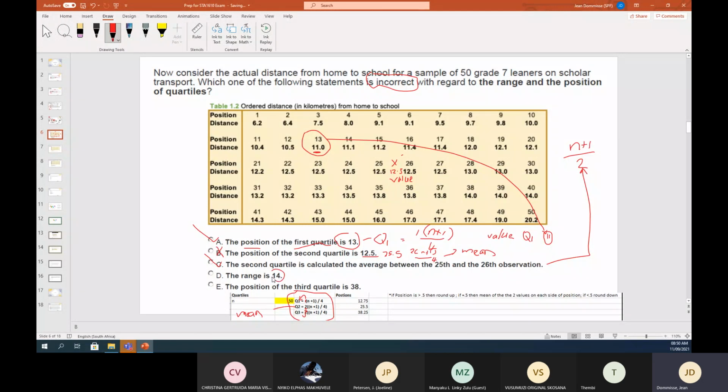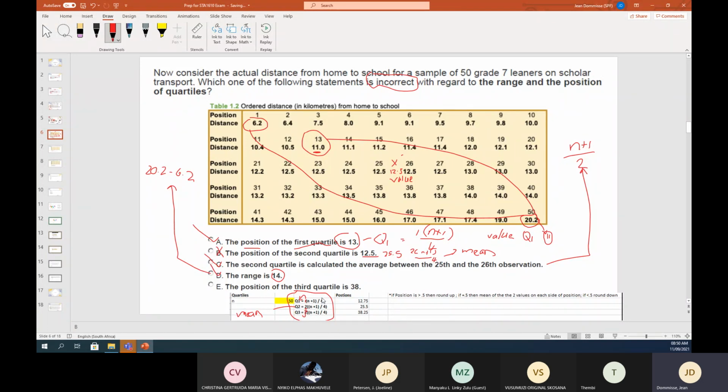The range. The range is your highest number minus your lowest number. So the range is 20.2 minus 6.2, which is 14. So the range is definitely correct.